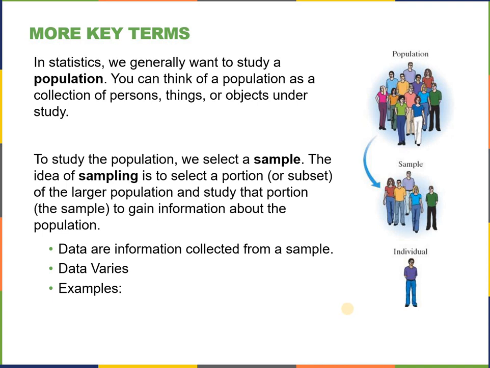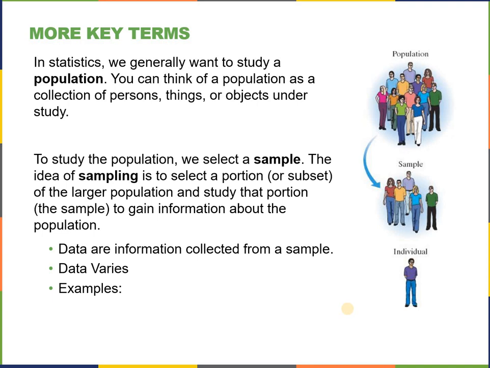So in statistics, instead of studying the entire population all the time, we tend to select a subset of that population and we study that subset, which is the sample, and then we infer the results we get to the entire population. And that requires a good sampling method, which we're going to discuss later.